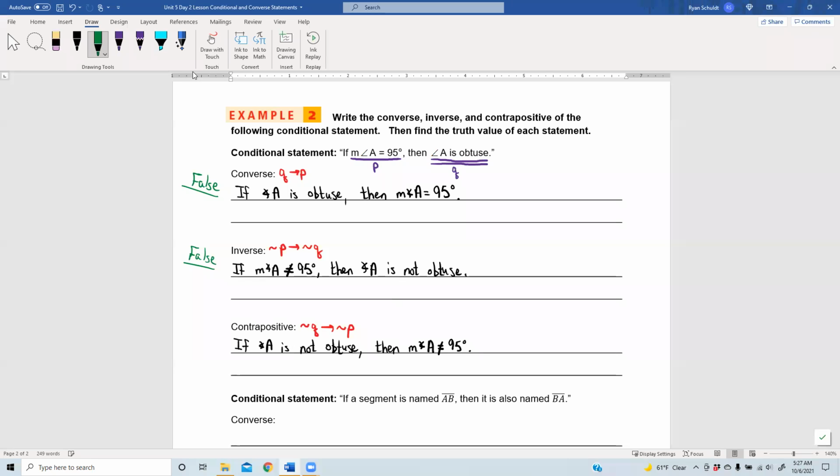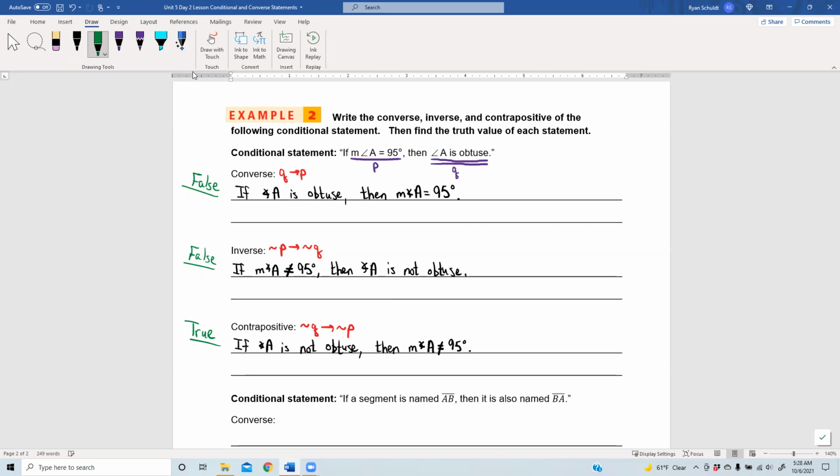Contrapositive. If it's not obtuse, then it can't be 95. That would be true. If angle A is not obtuse, then the measure of angle A can't be 95, because 95 is an obtuse angle.